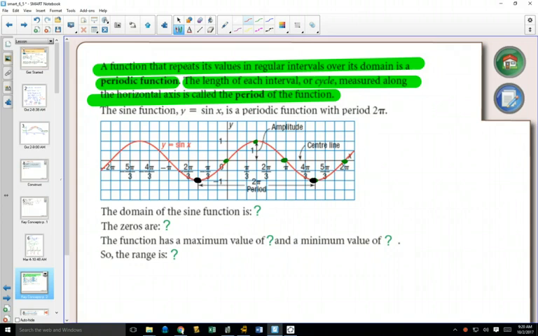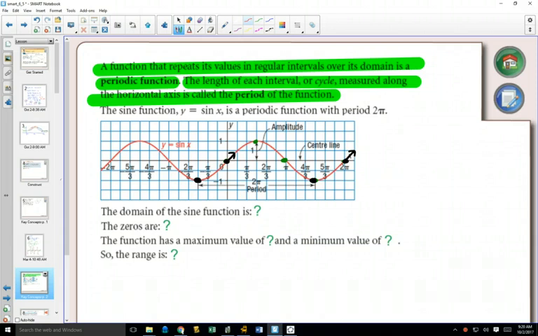Okay? We could also choose any other point, because the period is going to be the same no matter which point you choose. So if I want to choose the easiest point as far as mathematically figuring out the period, if I choose the middle going up, when is the next time I'm in the middle going up? Right there. Can you see that the distance between that and that one is easily calculated to be 2 pi?